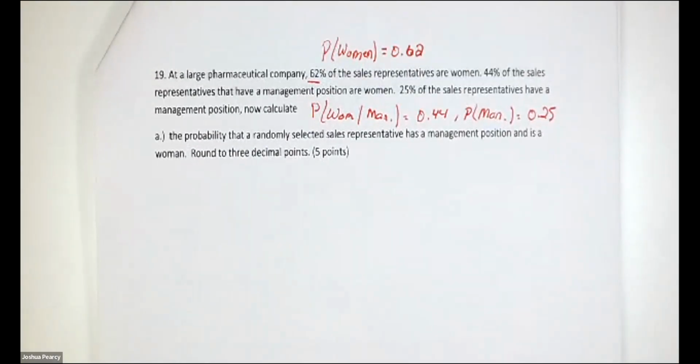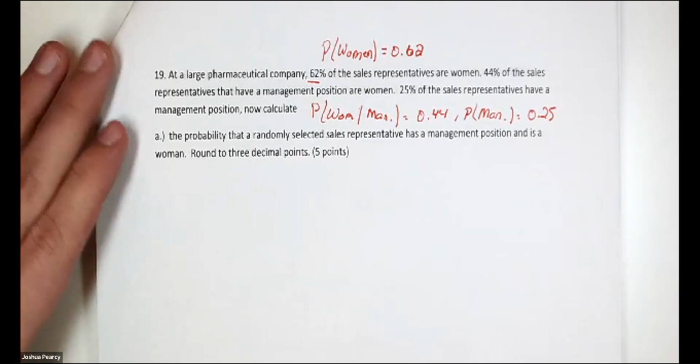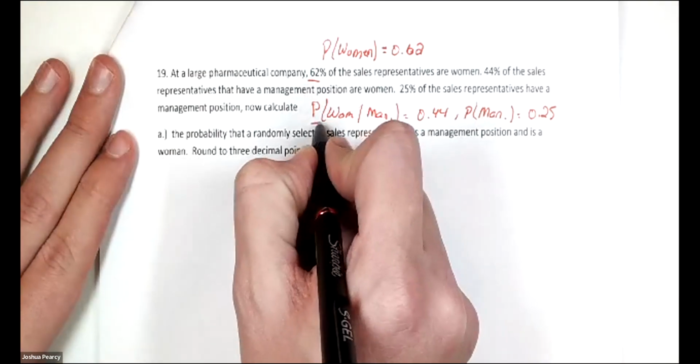So then the first part says, find the probability that a randomly selected sales representative has a management position and is a woman. What probability am I asking for? That's not the probability of women given management. I want the probability that they are women and a manager, so I want the probability of the intersection. We're given the conditional probability here.